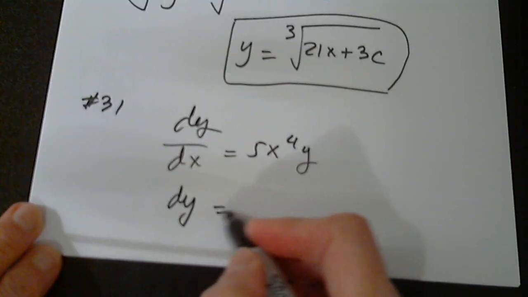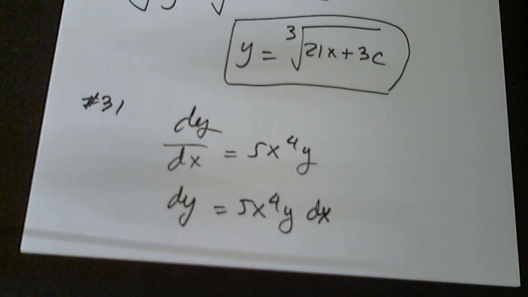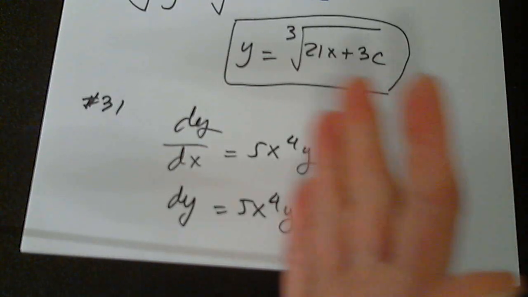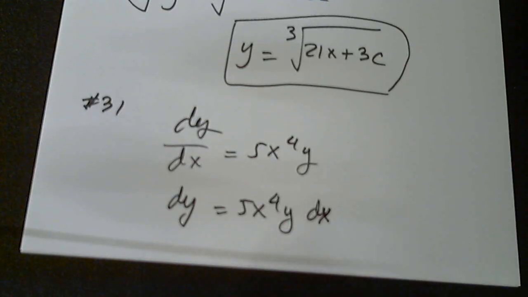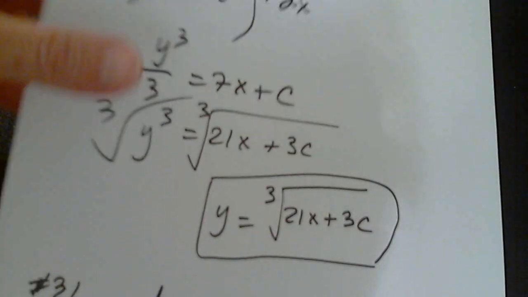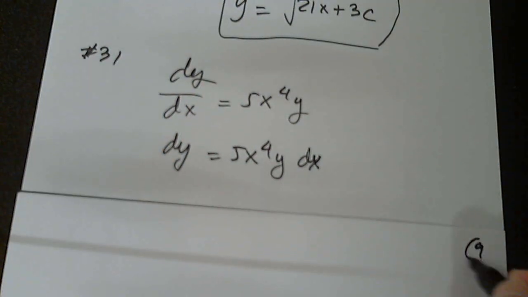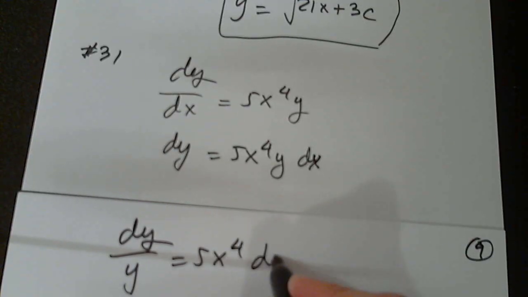Thank you very much. 5x to the fourth y dx. Perfect. Are they separated? The answer is no. Because on this side, I should have only x, nothing else. But I do have y. So what should I do now to both sides? Divide by y. Yes, very good. Thank you very much. dy over y equals 5x to the fourth dx.